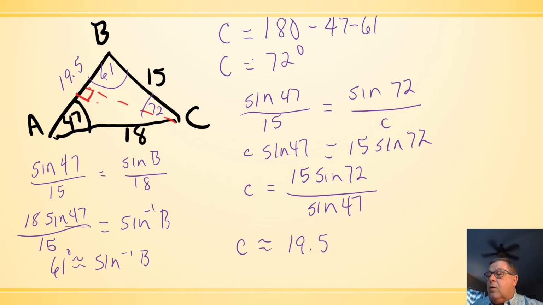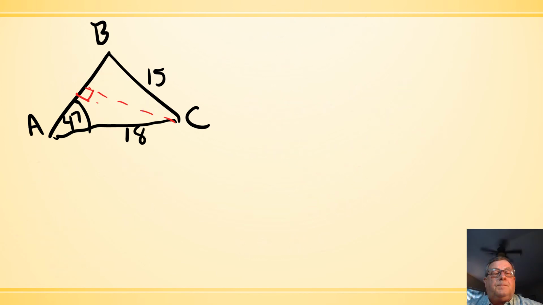All right, now we're going to go to the second case and ask, what if B was obtuse? Because we can have two possible solutions. If B was acute and 61 degrees, what would it equal if it was an obtuse angle?